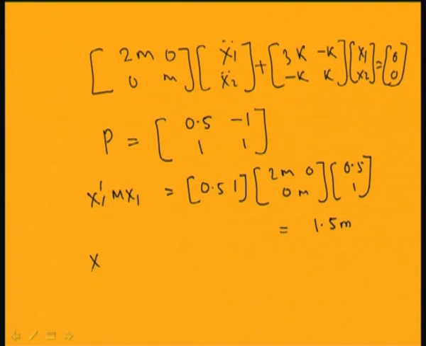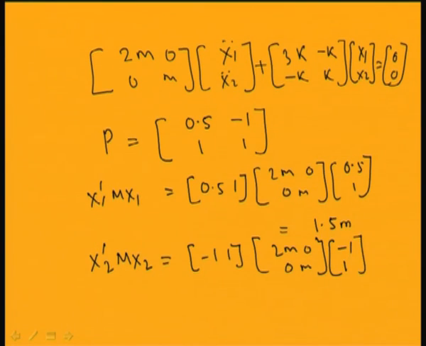Similarly, I can find x2 dash m x2, which is minus 1 1 times 2m 0, 0 m times minus 1 1, and this becomes 3m.